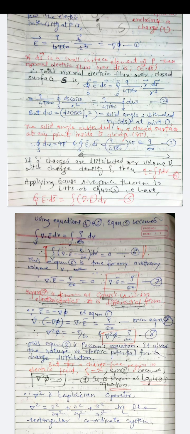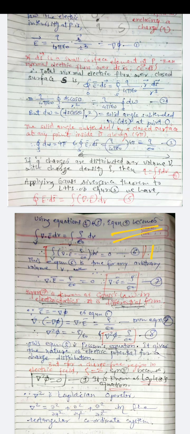Hence, using equations 4 and 5, equation 3 becomes volume integral divergence of E bar dV equal to volume integral rho upon epsilon 0 dV.